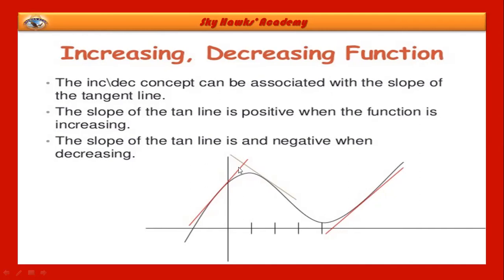And you can just recall the gradient. What is gradient? Gradient is a slope. Gradient is the rise over run, the ratio of rise over run. So gradient is just another word for slope. Actually, gradient is the ratio between the rise and the run.